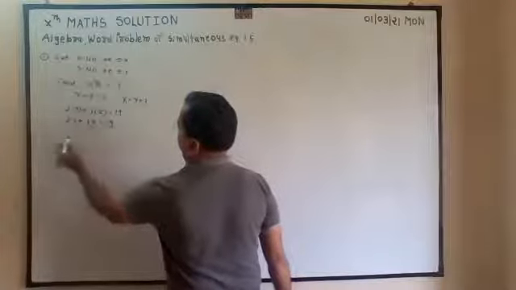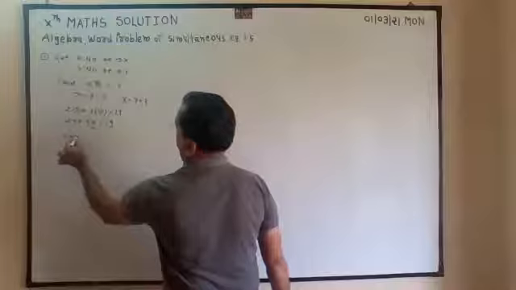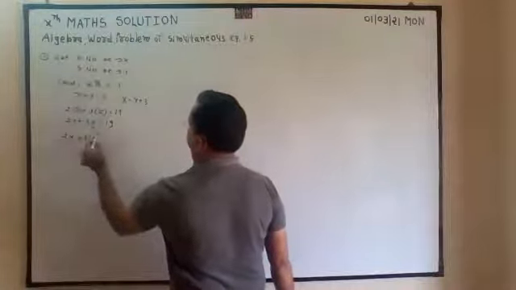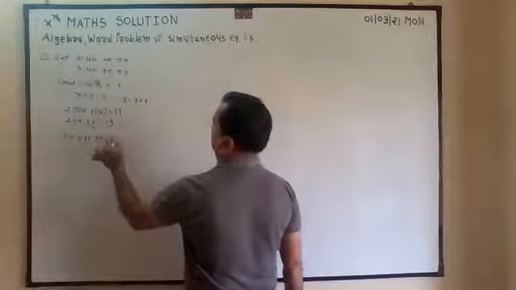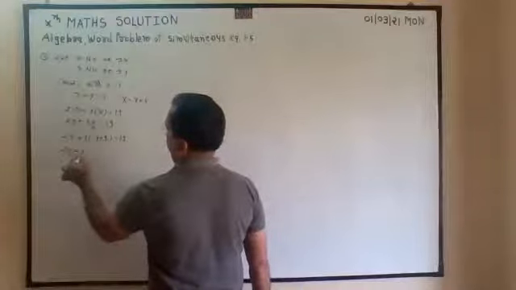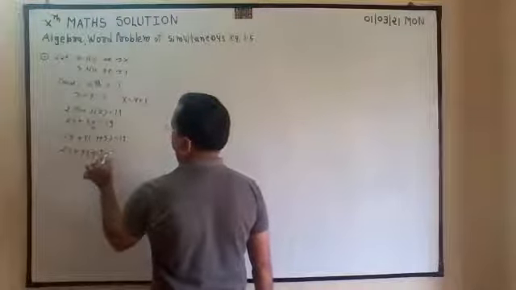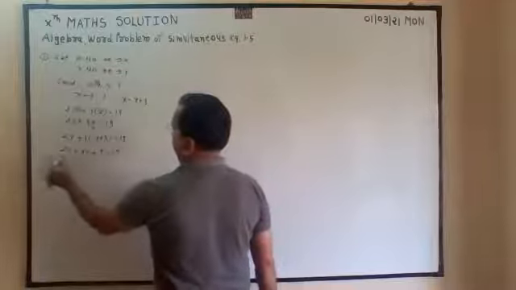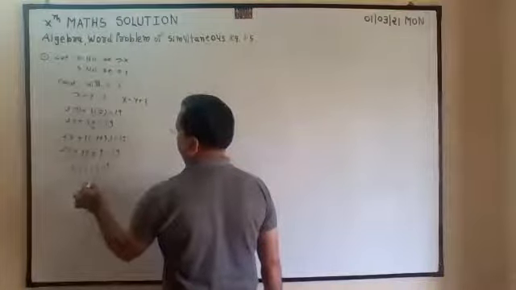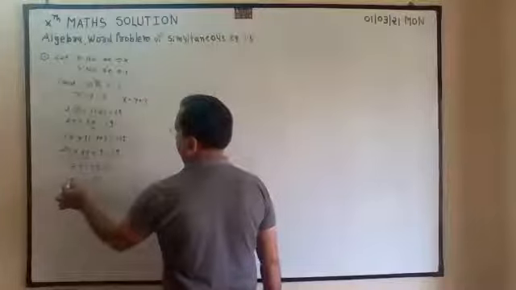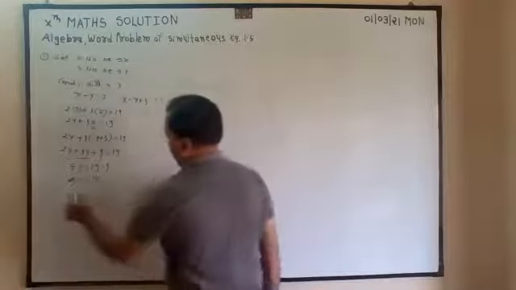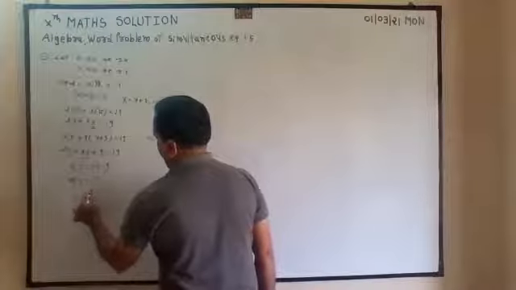Substituting, 2y plus 3 times (y plus 3) is equal to 90. 2y plus 3y plus 9 is equal to 90. 5y is equal to 90 minus 9, and dividing by 5 on both sides.